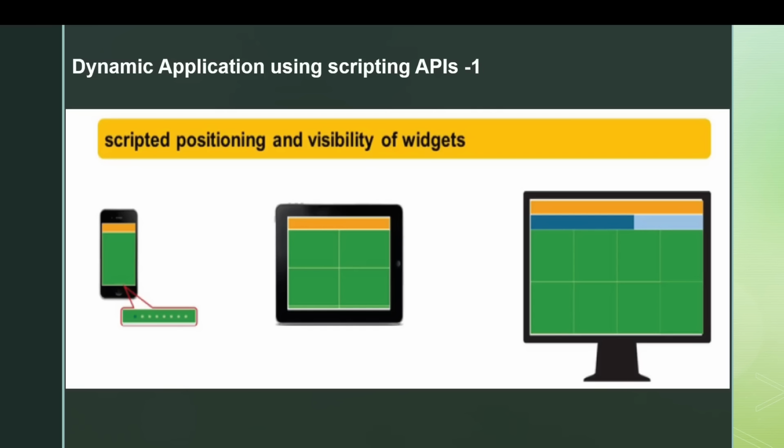For the scripted positioning and visibility of widget strategy, we can use the page book view, like the Arsenal on the website.